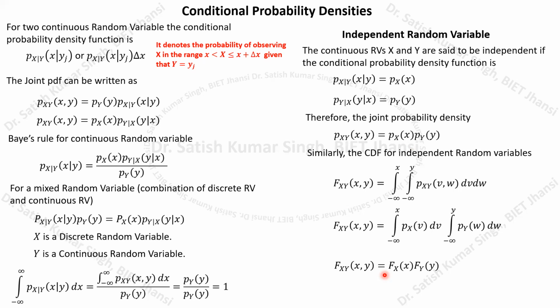But there can be variables with no dependence on each other. If one variable is changing, there will be no impact on the other variable. There will be no correlation between the two, and such random variables are regarded as independent random variables. So I will stop here.